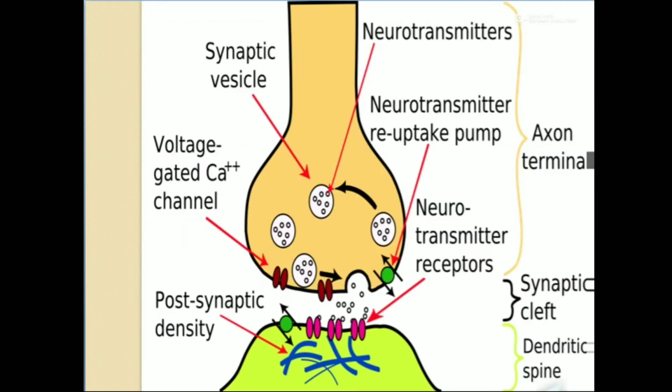If you see the picture, let me draw it. That means positive charge will come at the end of the axon terminal. At that moment, when the information needs to go forward, sodium channels will open as well as calcium channels, which causes the influx of calcium ions.